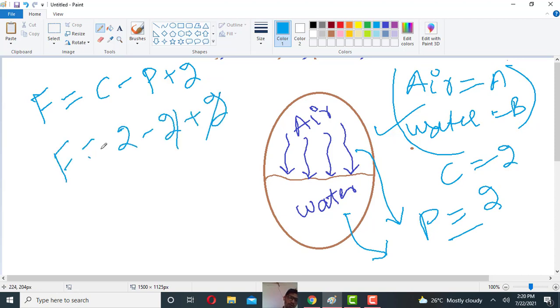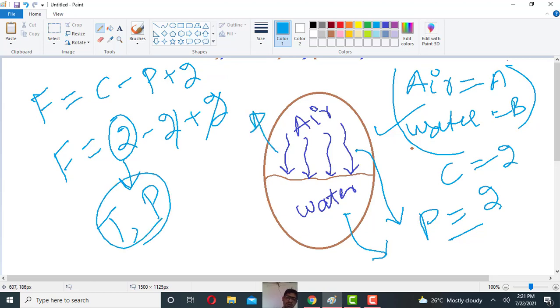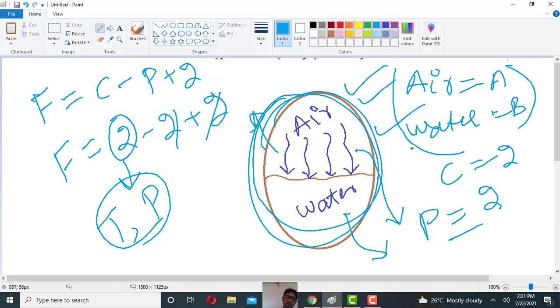Again, for this system we need only 2 independent variables, suppose temperature and pressure. If we know the temperature and pressure of this system, we will completely define this system. Usually the temperature is room temperature, suppose it is 25 degrees C, and the pressure is 1 atm.